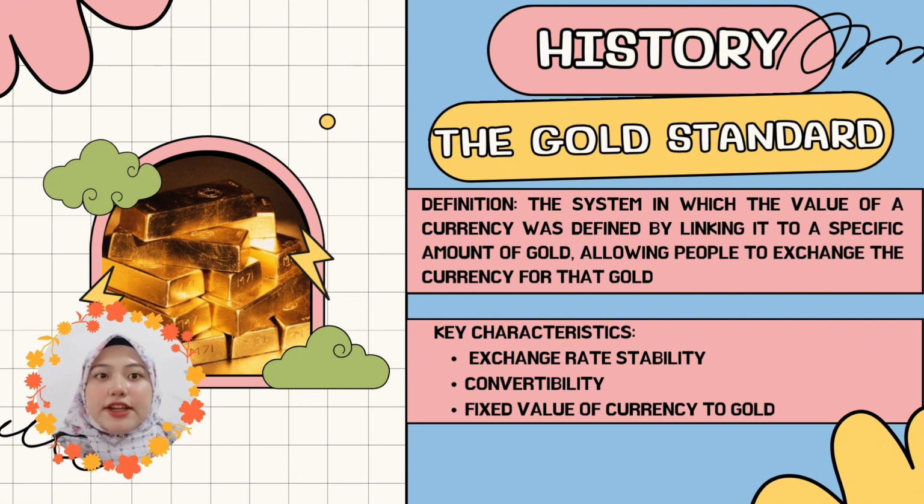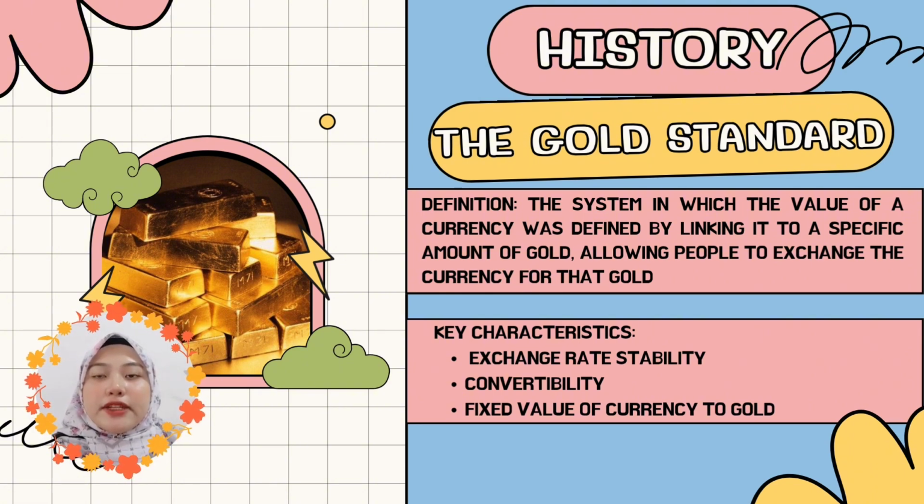There are three key characteristics of the gold standard. First, exchange rate stability. Because currencies were tied to gold, exchange rates were much more stable than they are today, helping countries trade more easily with each other. Second, convertibility. You could easily exchange money for gold and vice versa.